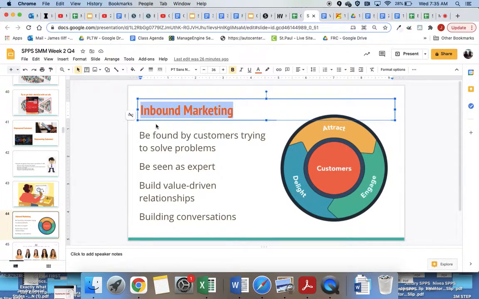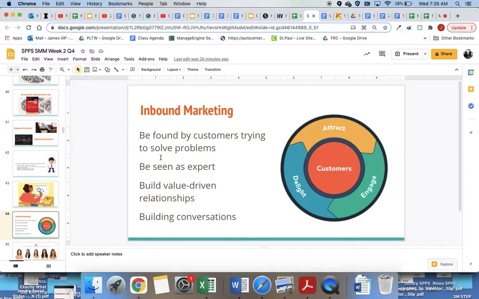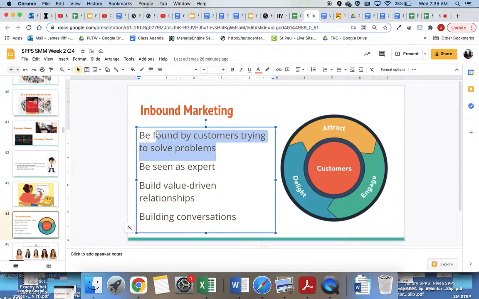Here with inbound marketing, your goal is not to interrupt people's attention, but to be found by customers as they're trying to solve their problems. So imagine that. You're going to be found by customers trying to solve their problems, instead of you going out and trying to interrupt them.